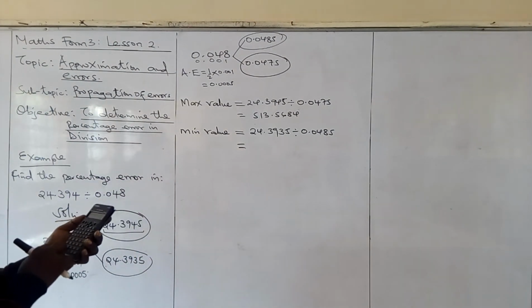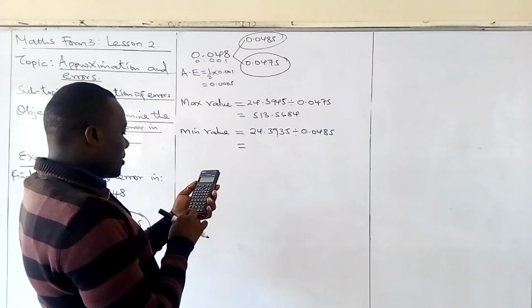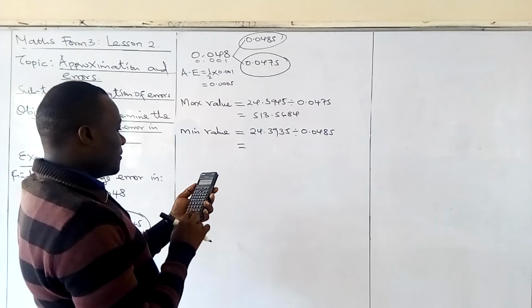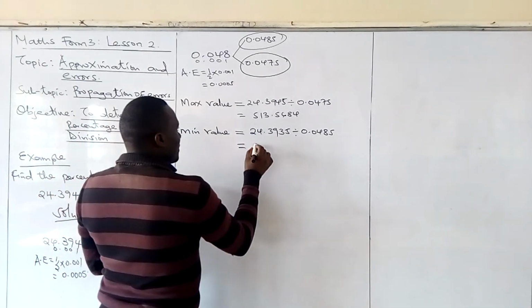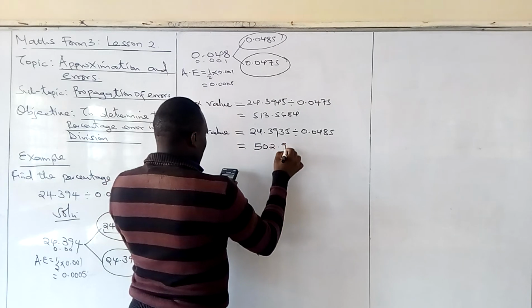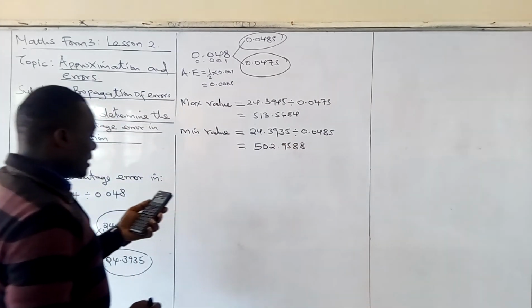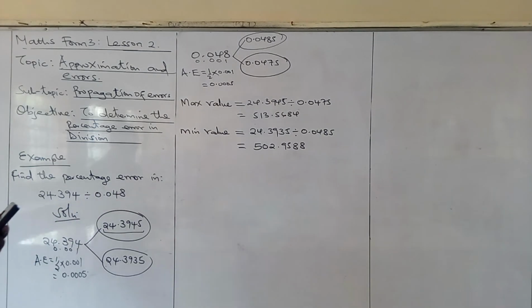So we are going to have 24.3935 divided by 0.0485. It is giving us 502.9588, to 4 decimal places.